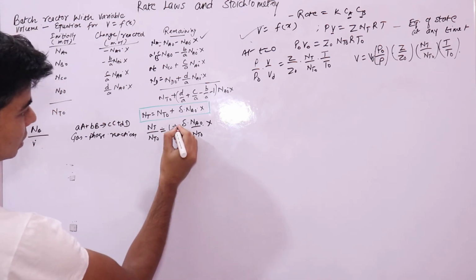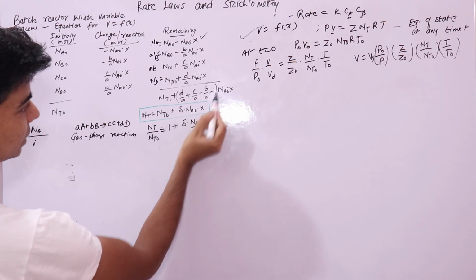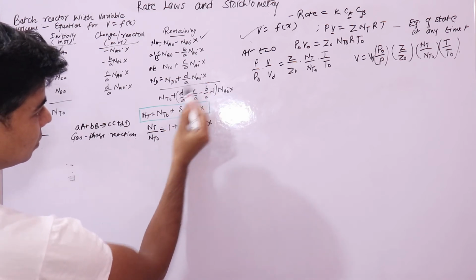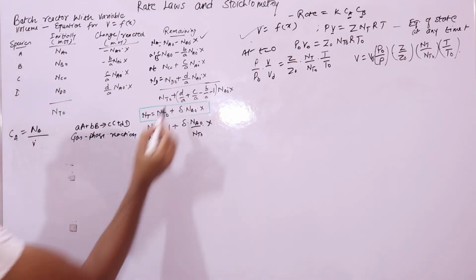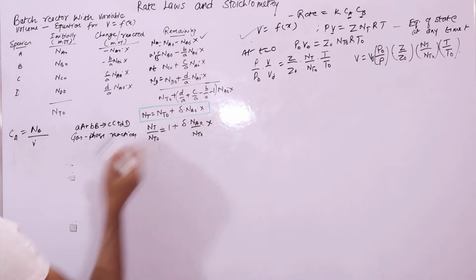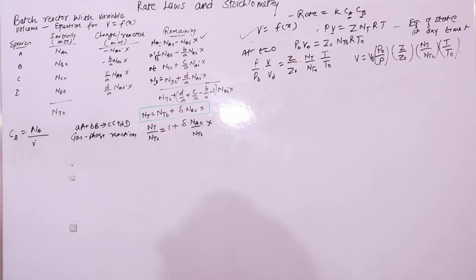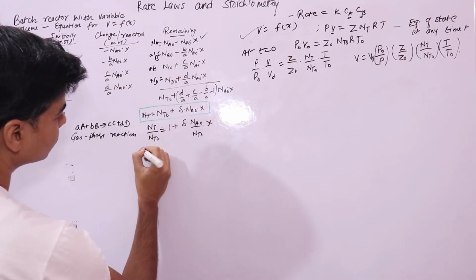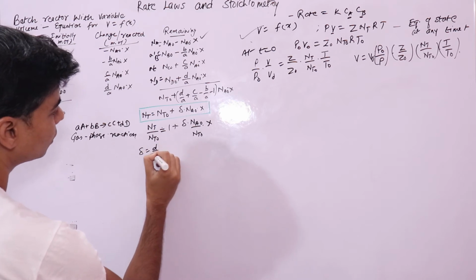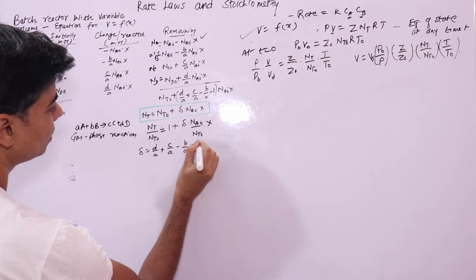And what is this delta? This delta represents this quantity, this expression for the moles of reactants and products. We have derived it from this addition. So delta would be D upon A plus C upon A minus B upon A minus 1.